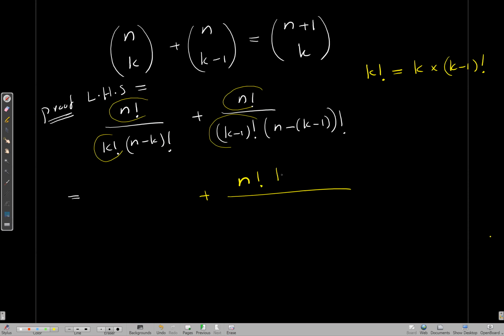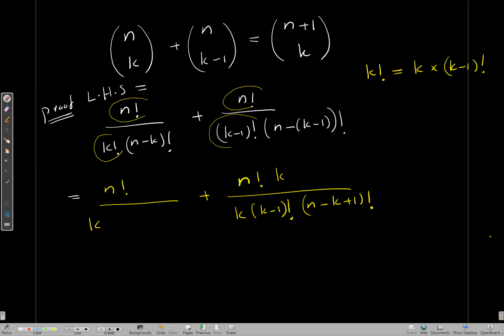What if I multiply by k, both numerator and denominator, in my second term? Then I will get factorial k.